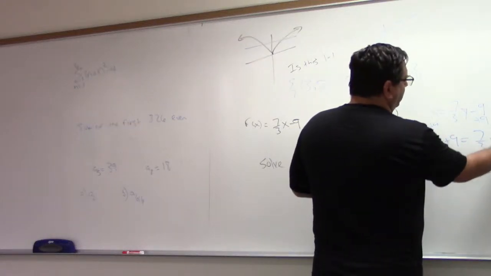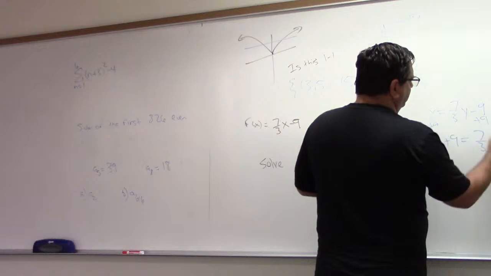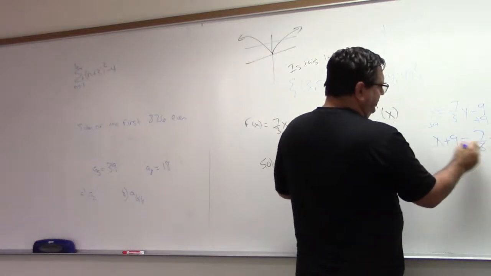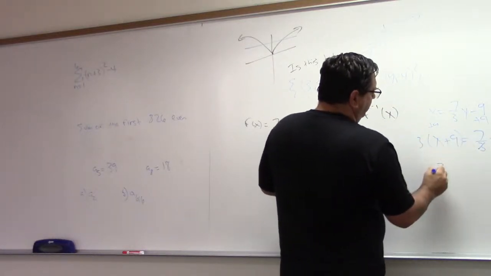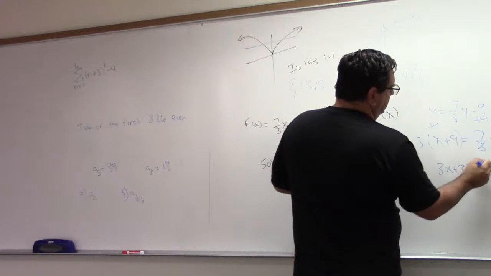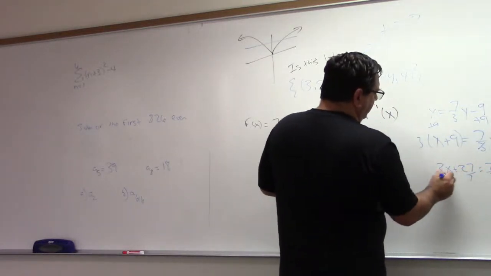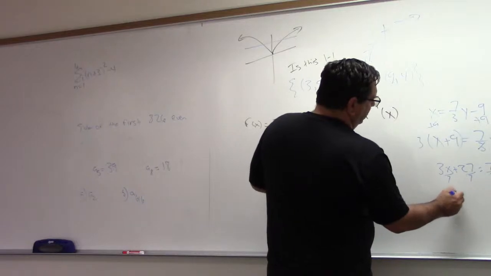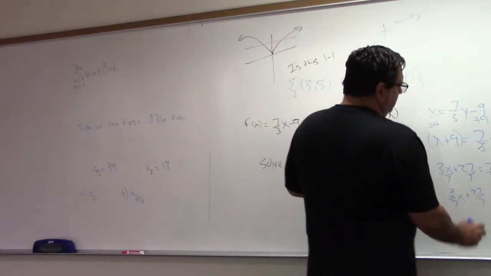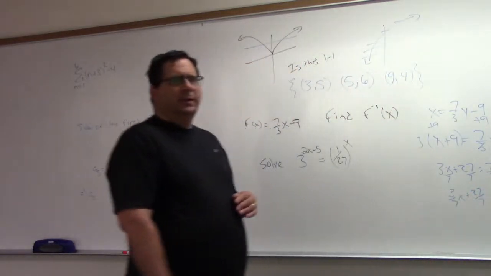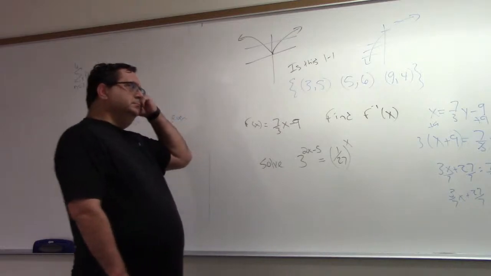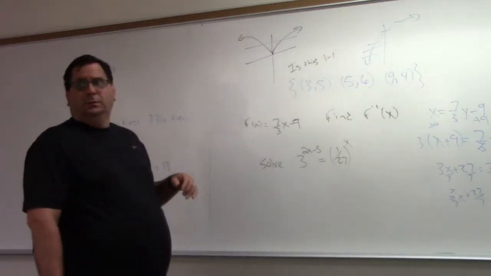Multiply by 3, you'll cancel this. You get 3x plus 27. And then after you get to there, divide everything by 7. 3/7 x plus 27 over 7. Okay? We good?